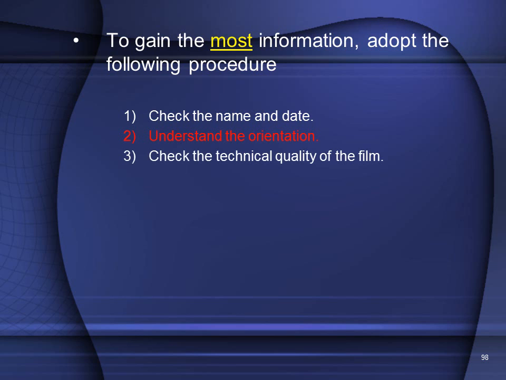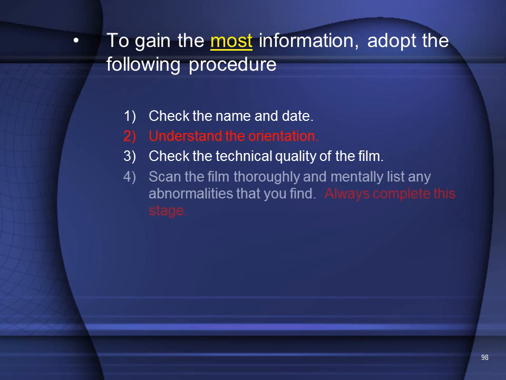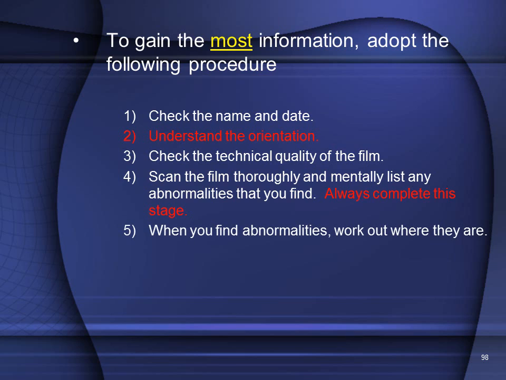Check the technical quality of the film, and scan the film thoroughly and mentally list any abnormalities that you find. You want to always be sure that you complete this stage. When you find abnormalities, work out where they are based on your knowledge of anatomy and anatomical relationships.